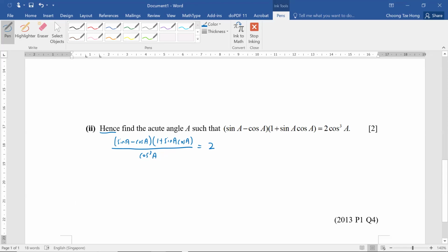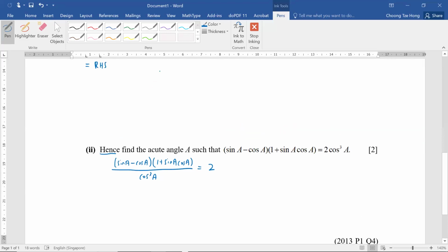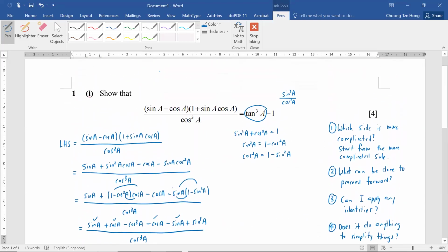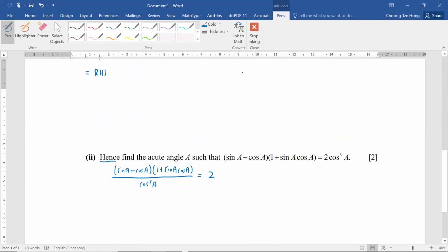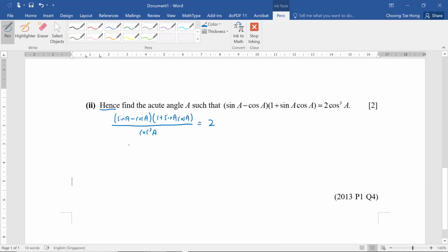And this is the identity that we simplified just now, whereby we simplified it to tangent cube A minus 1. We already proved this earlier on, so we can replace the whole thing with tangent cube A minus 1. This is going to be very easy to solve.